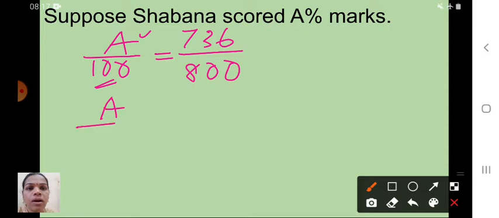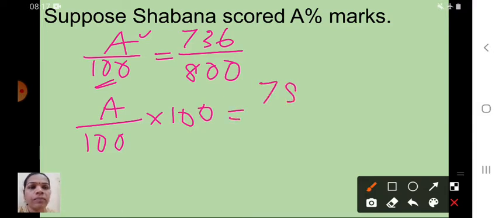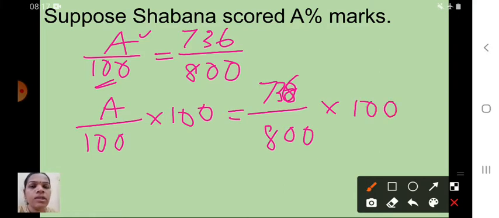Next step: A upon 100 into 100, and on both sides we multiply, so 736 upon 800 into 100. This 100 we can cut with the 800, and we can cancel it.